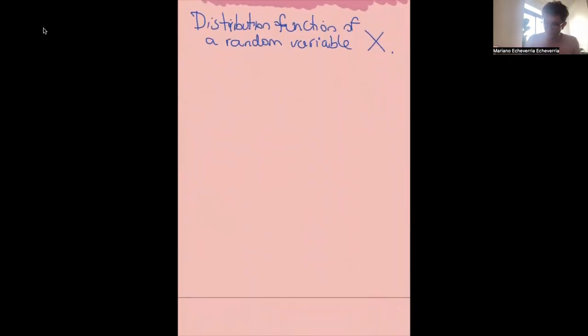If you remember, up to this point, when the random variable has a density, we have been speaking about the density function of a random variable.